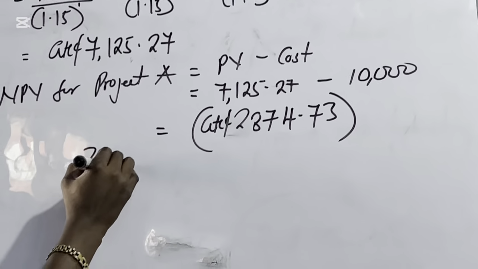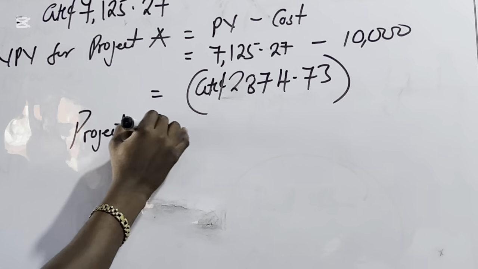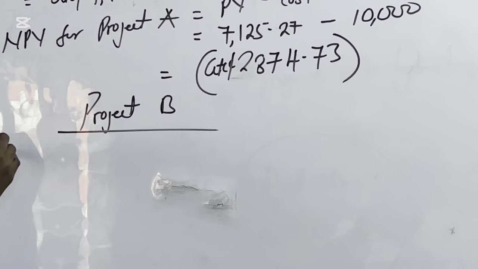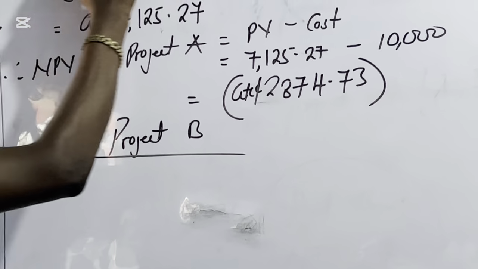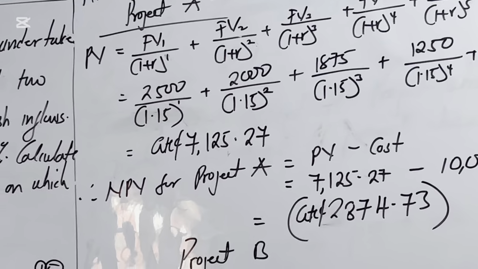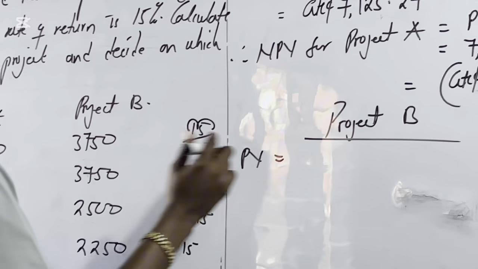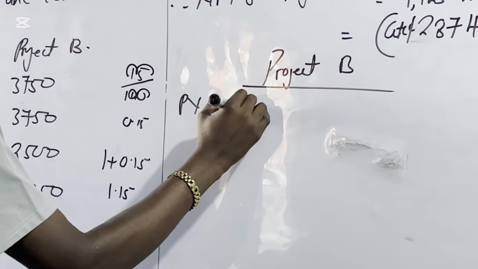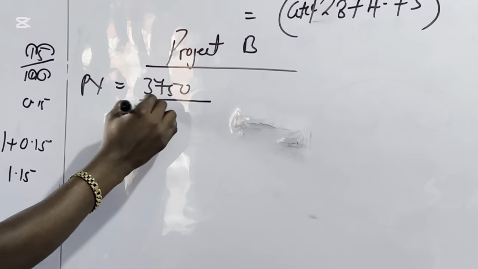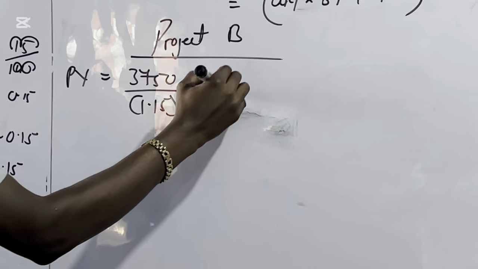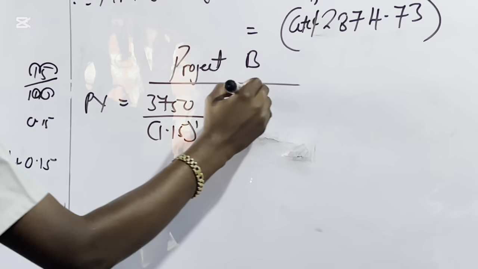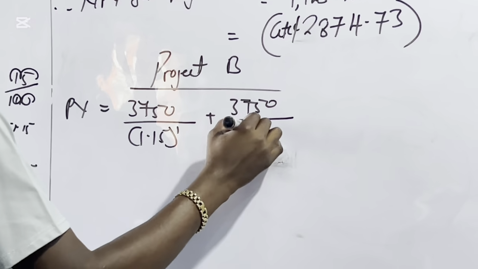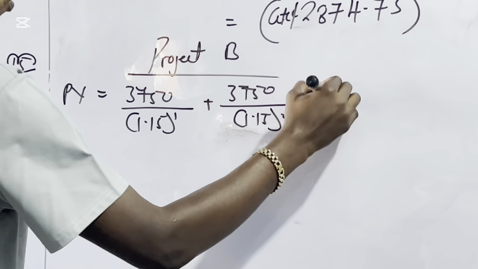Now, let's do the same calculation for project B. Under project B, we are using the same formula. So we have our present value, that is our future value over 1.15 raised to the power 1. Then we have 3750 over 1.15 raised to the power 2.